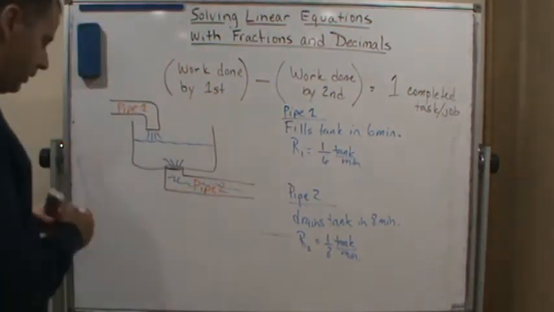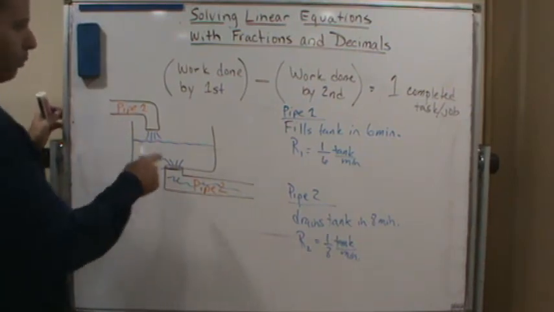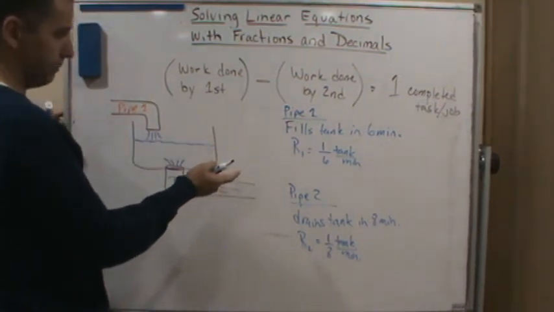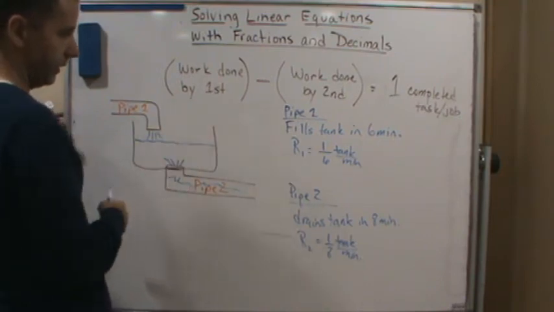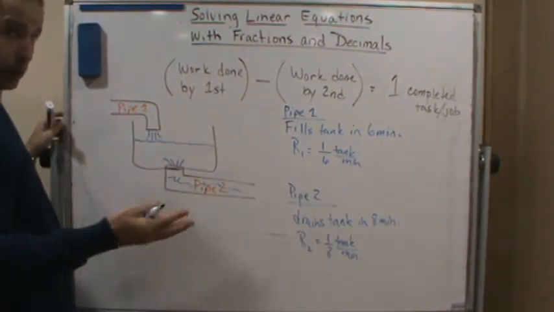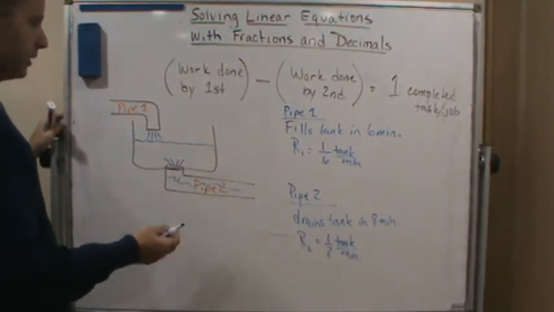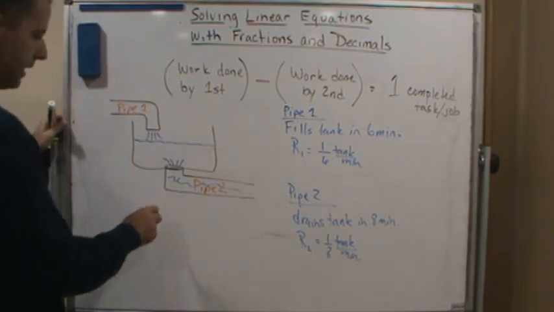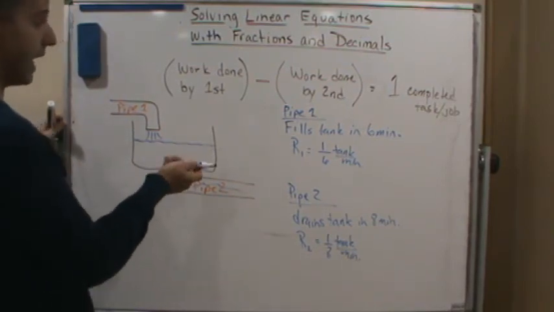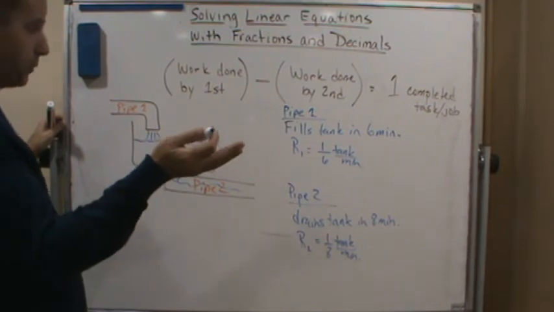Again, we're going to use rate times time. Work done is the rate of the work times the amount of time that they worked. In this case, the time is going to be the same, just like in the last problem.